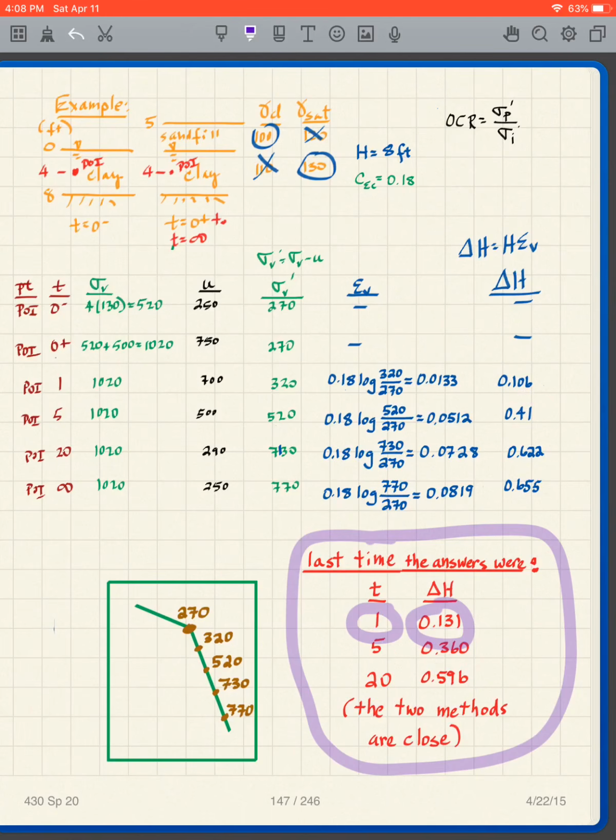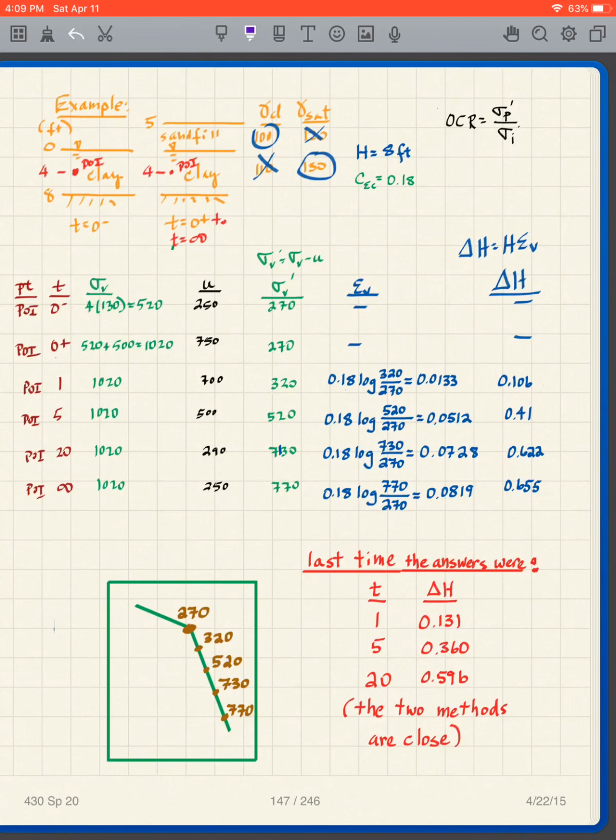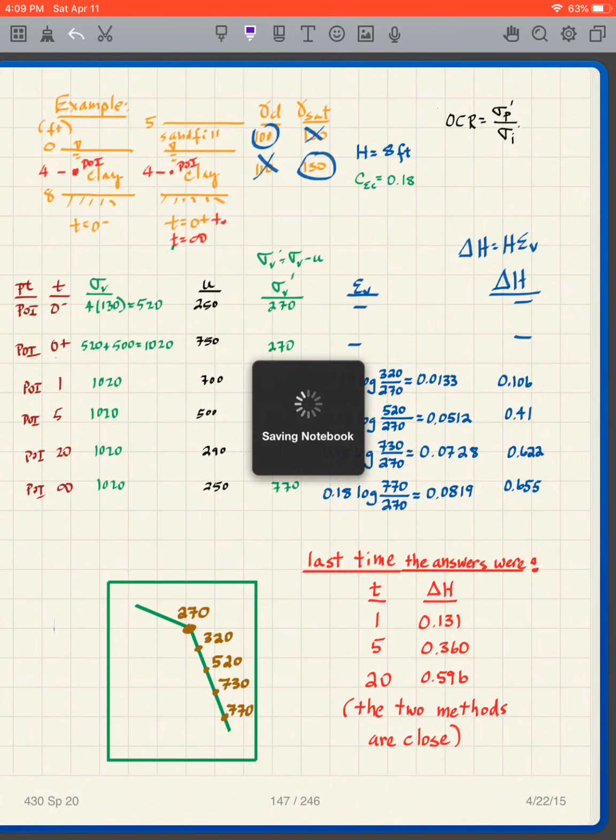The simplified method only works for the case where we have a fill. If we have a building, we cannot do this simplified method. So we're going to concentrate primarily on the more difficult method where we are using the curves.